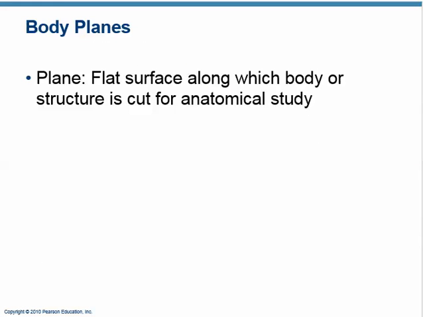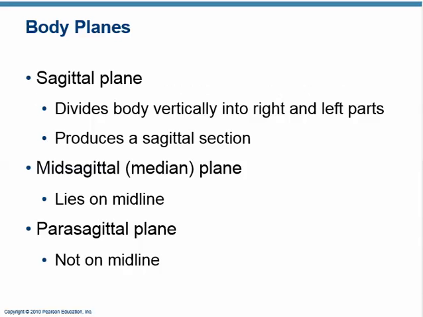The body can also be thought of as being cut up into planes, flat surfaces that basically will divide the body. Usually it's imaginary. The sagittal plane divides the body into left and right, and we call any cut along that left and right the sagittal section.